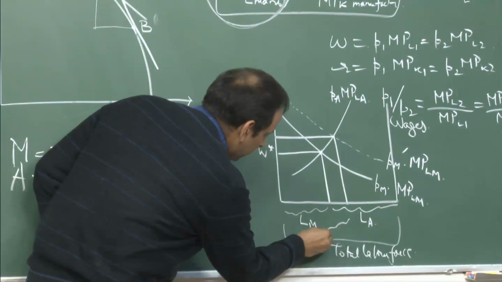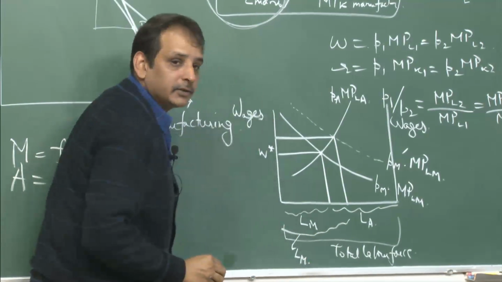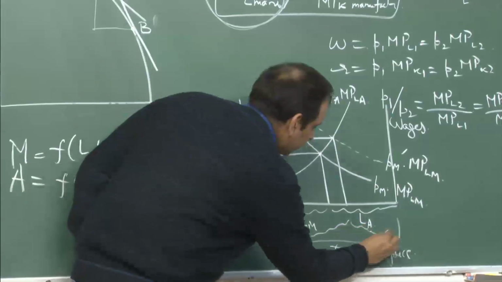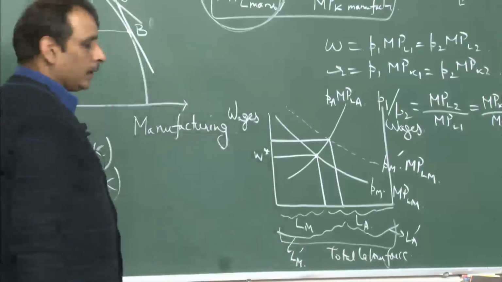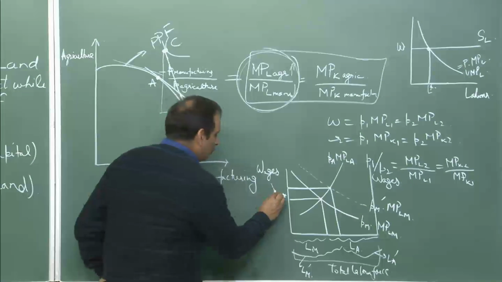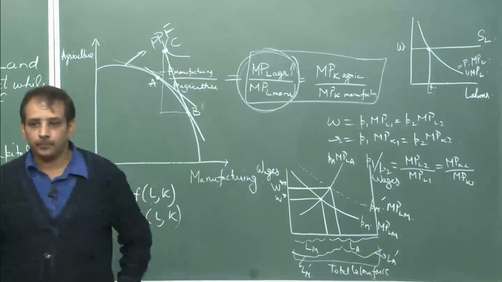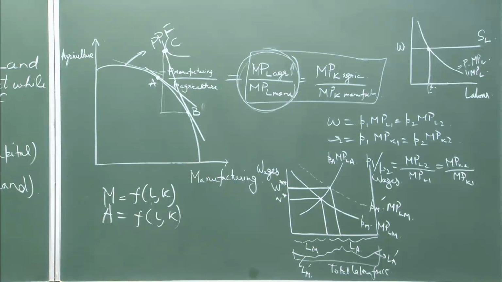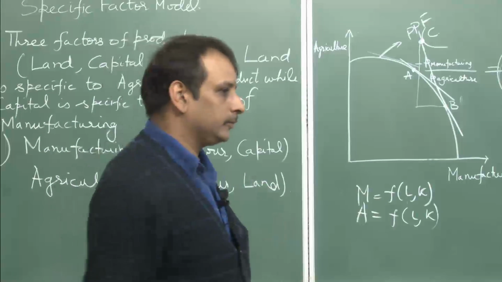So now there will be more labor working in the manufacturing sector and less labor working in the agricultural sector, and the wages would go up from W star to W double star. Okay. So wages will be equalized in both the sectors, but wage W will go up.